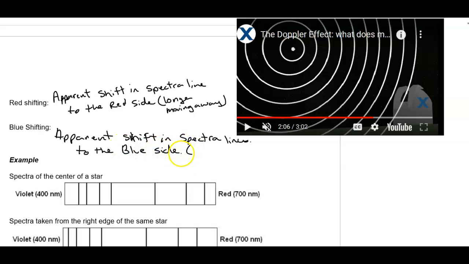Now that blue side is shorter, and so we conclude that it is moving towards us. And keeping these two clear is important. Red shifting, moving away, longer. Blue shifting, shorter, moving towards.